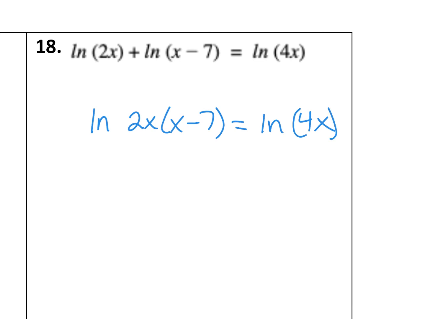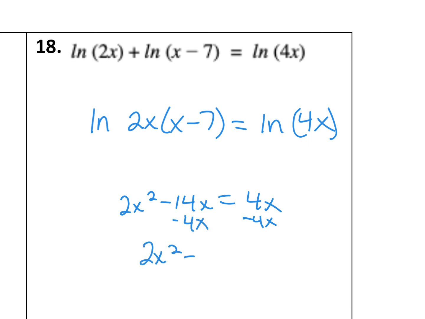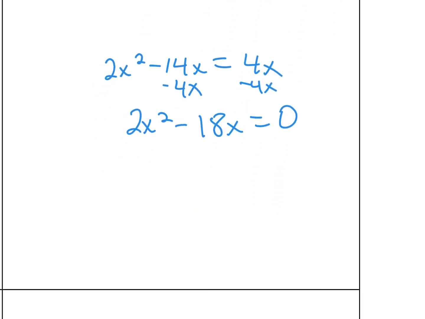You can distribute. Can you set up your equation now? Yep. So distribute: 2x squared minus 14x equals 4x. Good. Subtract 4x. 2x squared minus 18x equals 0.